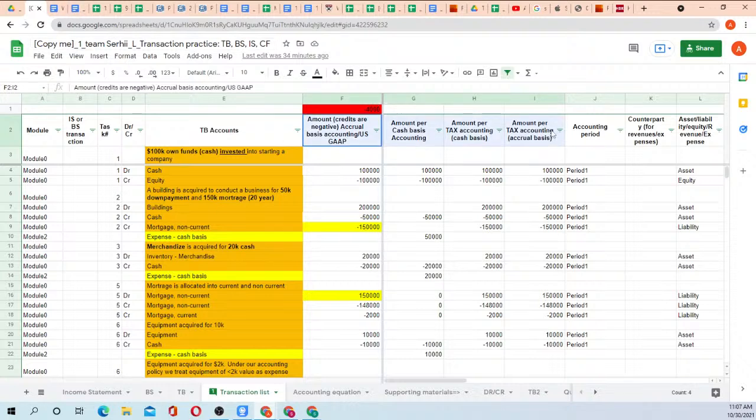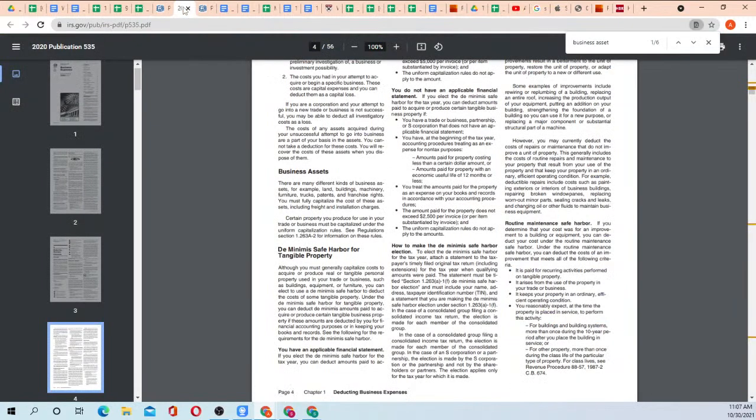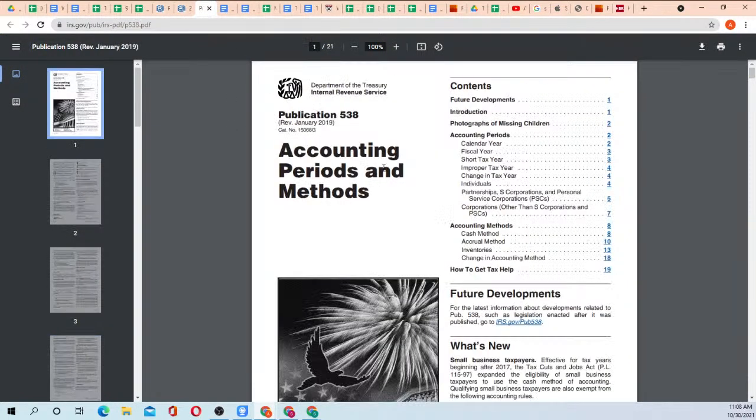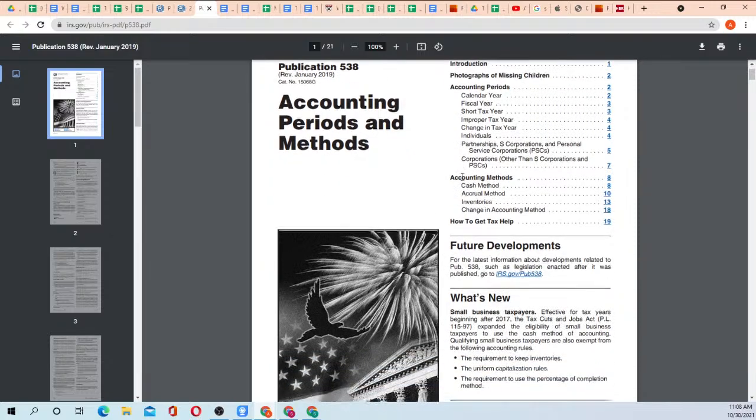And these four correspond from time to time and they disagree from time to time. That's why accountants always have some business to do. So let's move on.